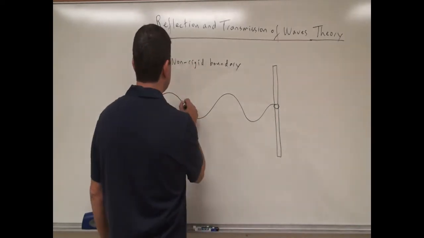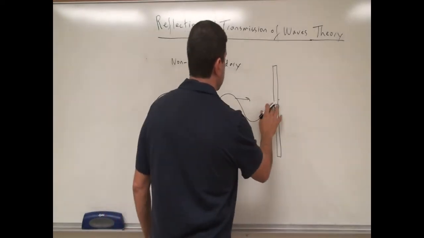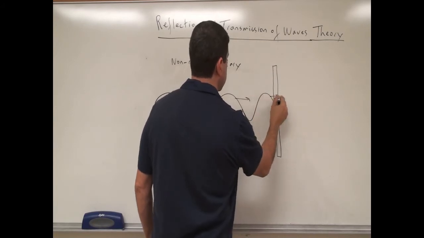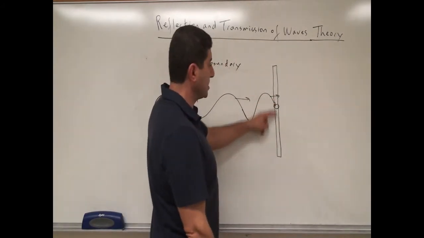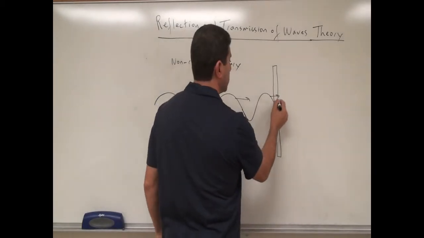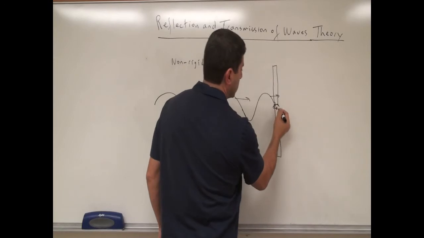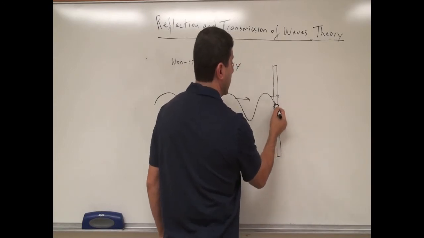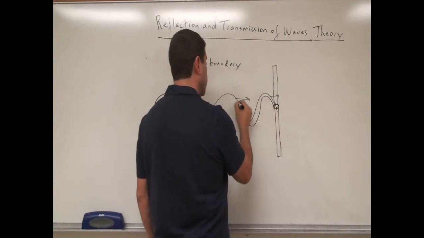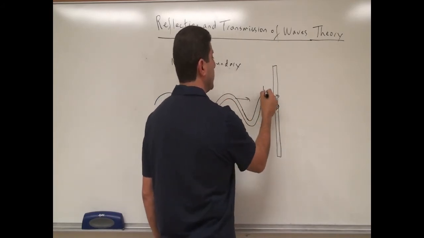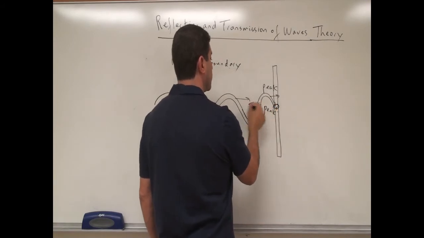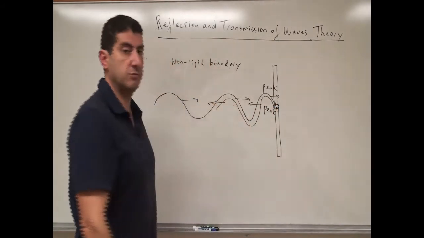So an incoming wave goes like this, and let's say the peak of the wave comes like this. Since this is free to slide, what's going to happen is that it's going to hit the rod, it's going to slide, and upon reflection, it's going to come back with the same phase. So a peak coming in will bounce back with a peak, and the only difference is that it's going to move to the left.